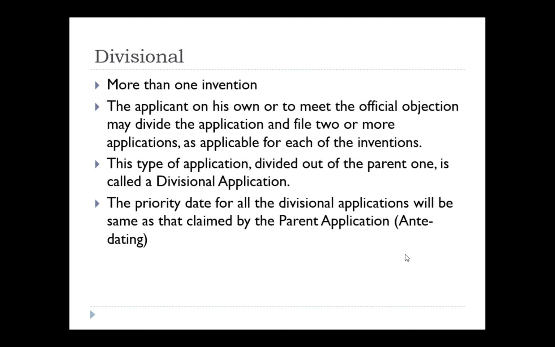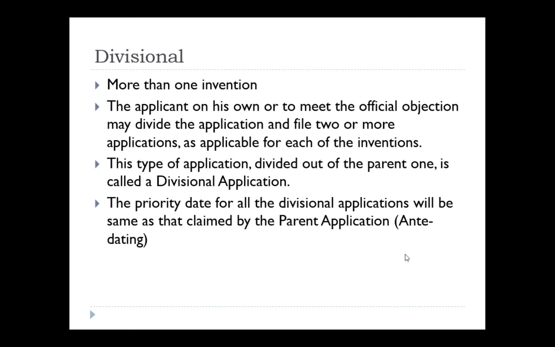Next one, the priority date for all the divisional applications will be the same as that claimed by the parent application. This you need to understand. What do you mean by parent application?